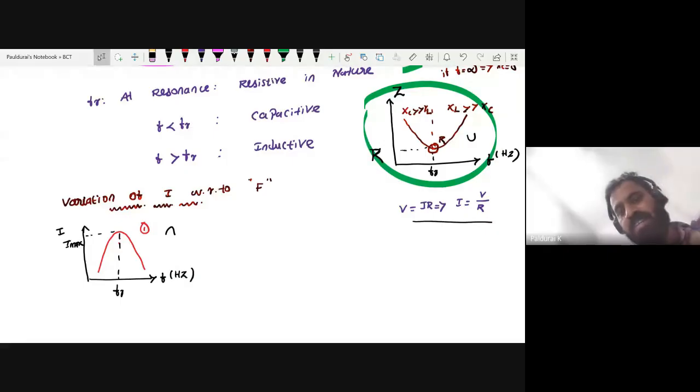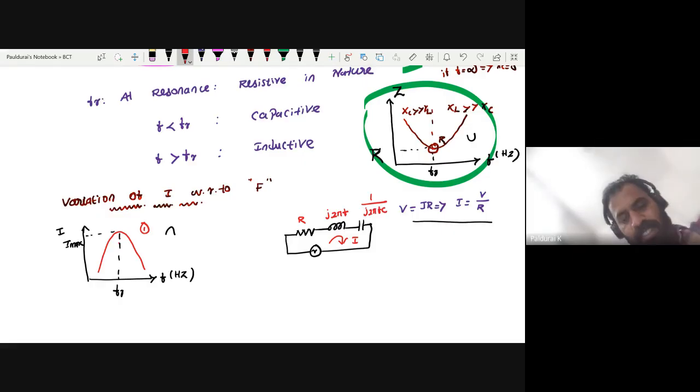Now take this RLC. This is your R, L, C. Here I am applying some voltage. Now the current, this is my I. This is R, this is j L omega, where omega equal to 2 pi F. This is minus j, or 1 divided by j 2 pi F C. Here starting F equal to 0, ending F equal to infinite.